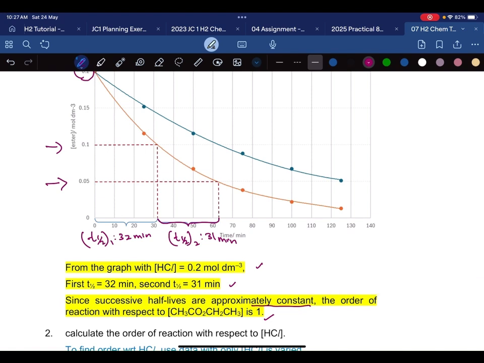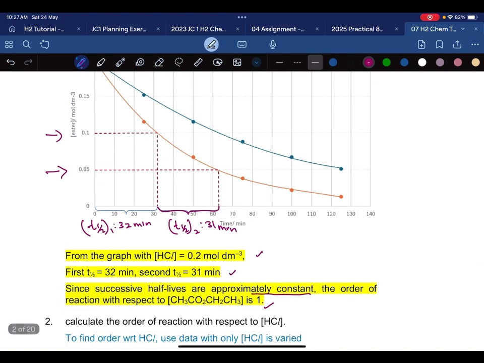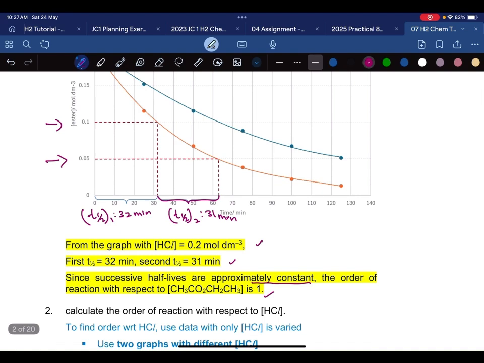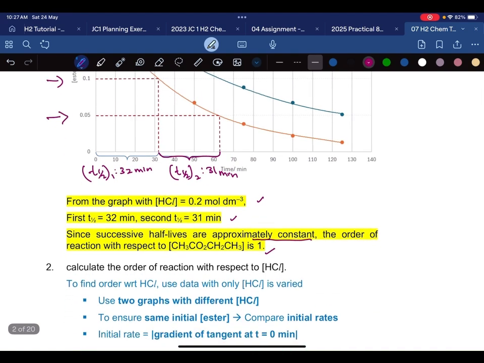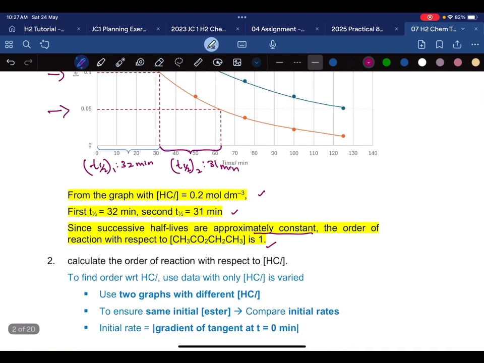Next, to calculate the order of reaction with respect to HCl, remember we should only be using data with HCl being varied. So we have to use both graphs because each graph involves a different HCl concentration.